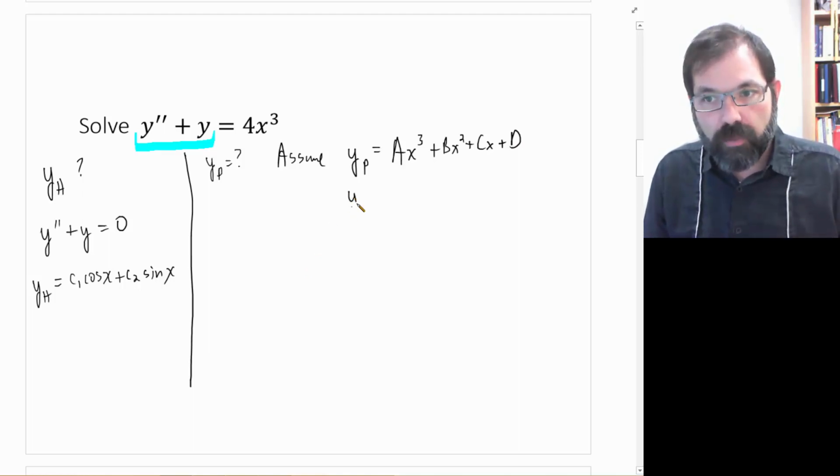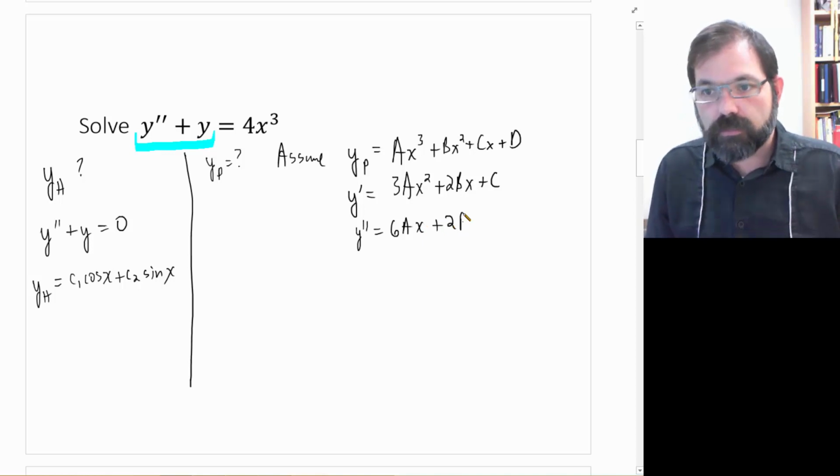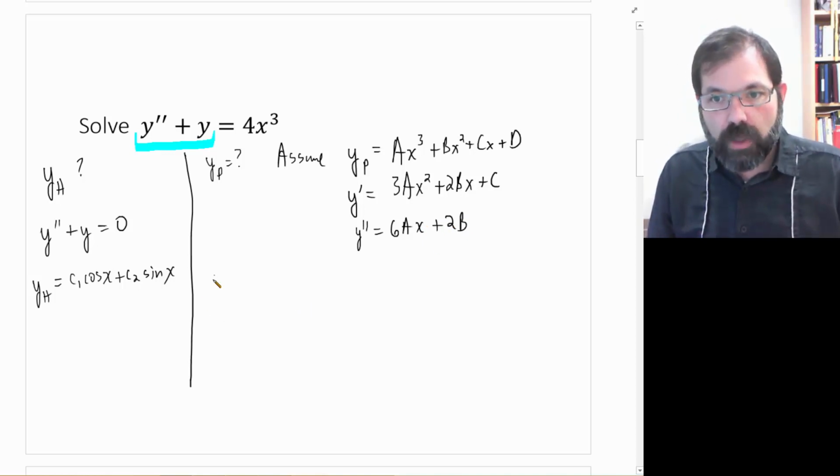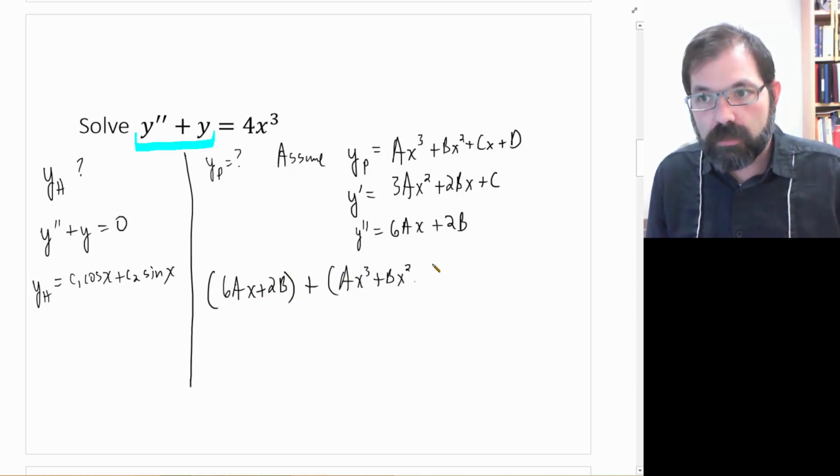Then the y prime would be 3ax squared plus 2bx plus c, and the y double prime would be 6ax plus 2b. We substitute y double prime, 6ax plus 2b, plus y, ax cubed plus bx squared plus cx plus d, and this must equal 4x cubed.